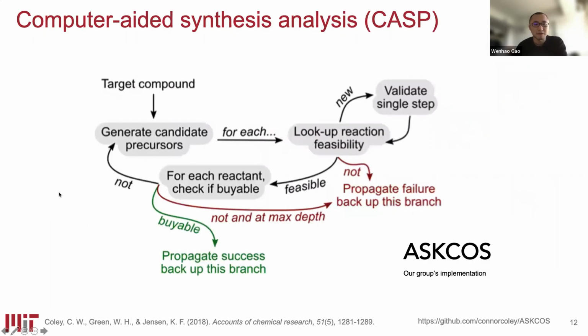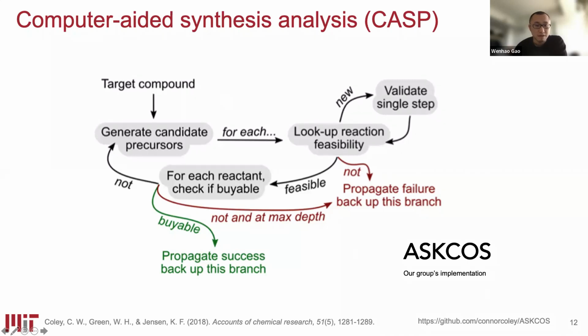So let's recall how chemists figure out how to synthesize a molecule, and the methodology is called retrosynthetic analysis. And the process, if done computationally, is called computer-aided synthesis planning, CASP. So the modern CASP tools, such as our group's implementation called ASKCOS, typically rely on a Monte Carlo tree search process.